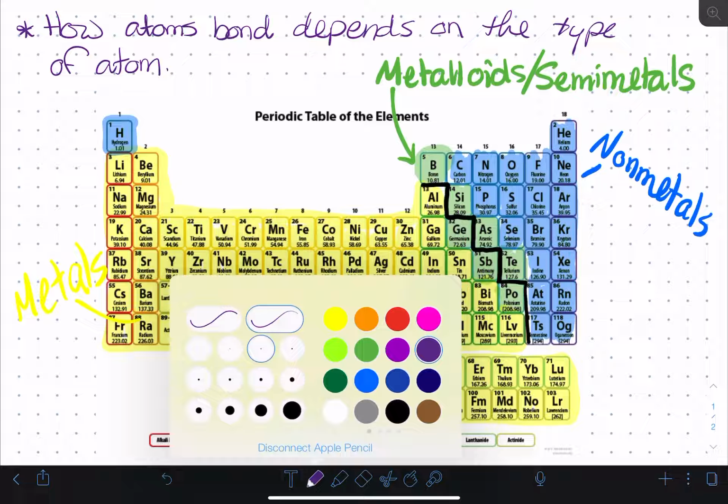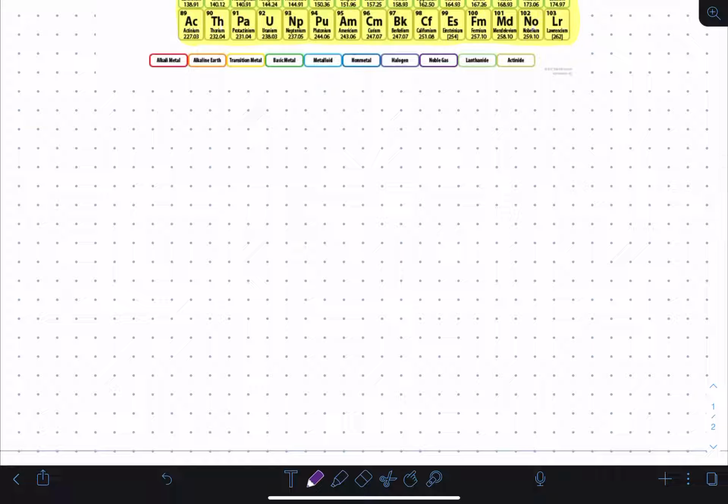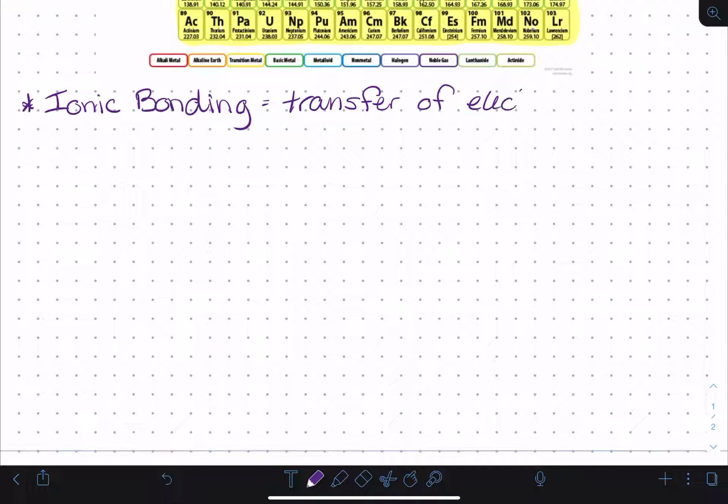But anyhow, for today, we're going to focus on two different types of bonding by looking at what elements we're dealing with and what they're connected to. The first one we're going to talk about is known as ionic bonding. In an ionic bond, electrons are completely transferred from one atom to the other. So we have a transfer of electrons.